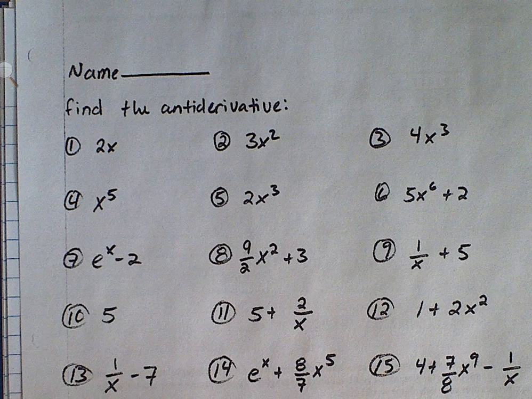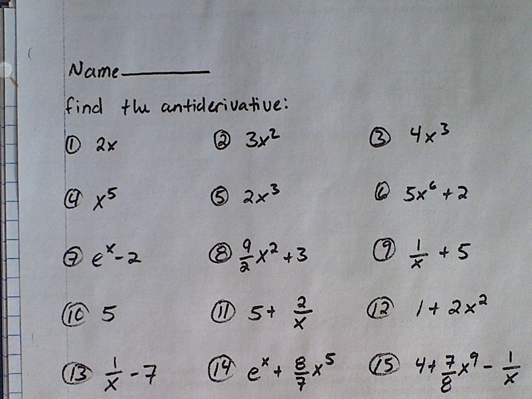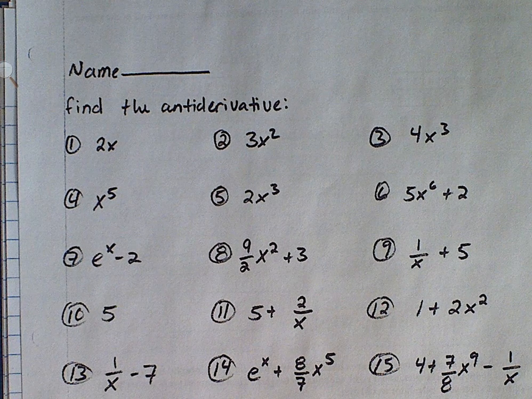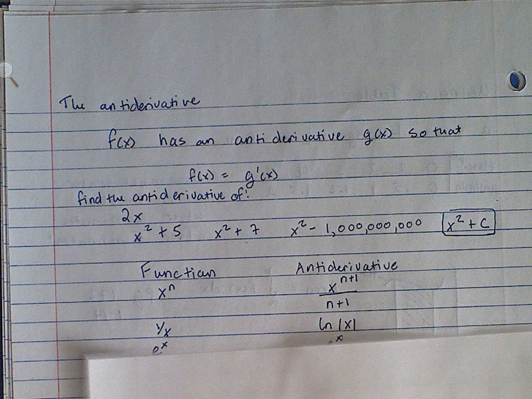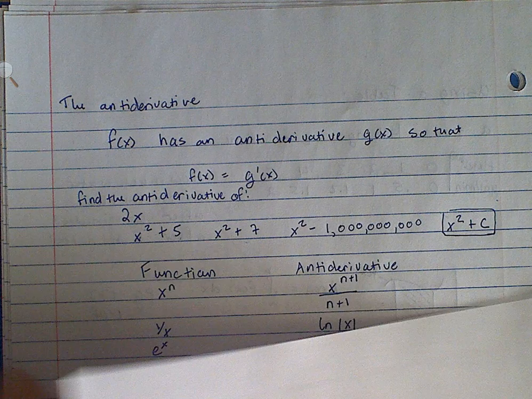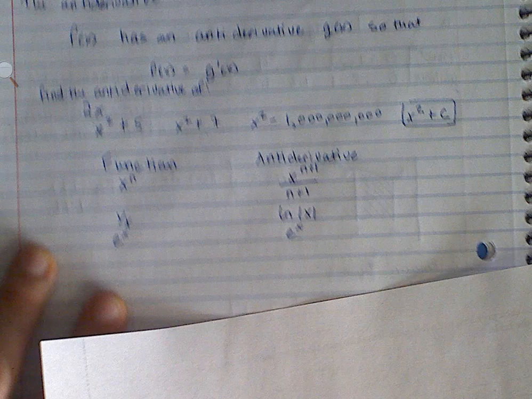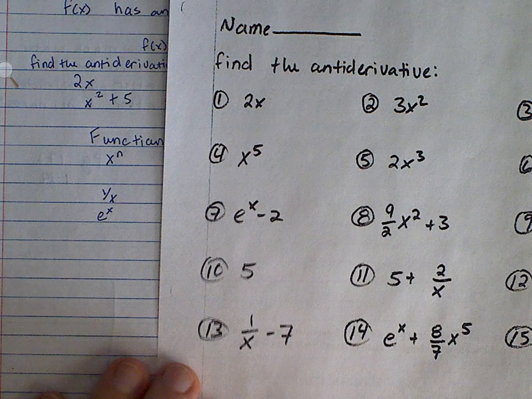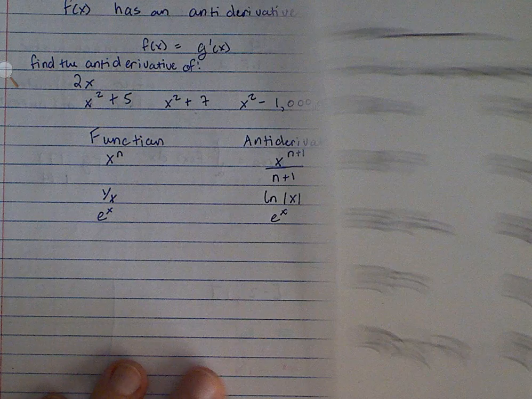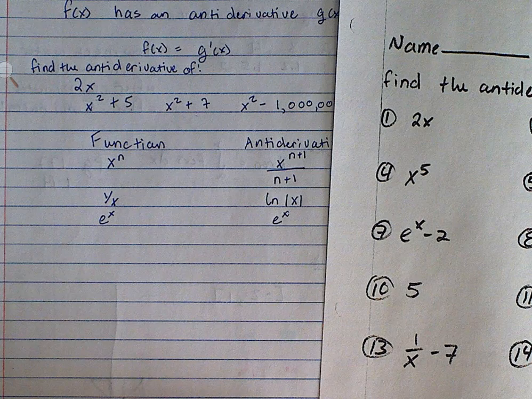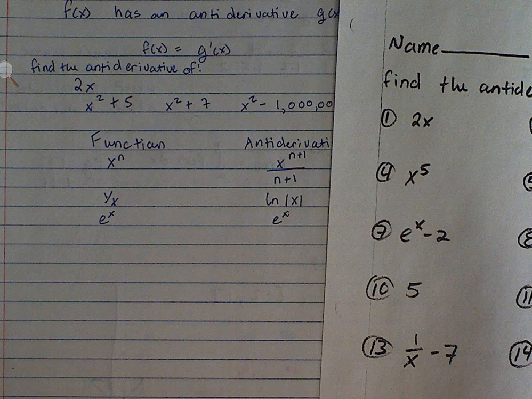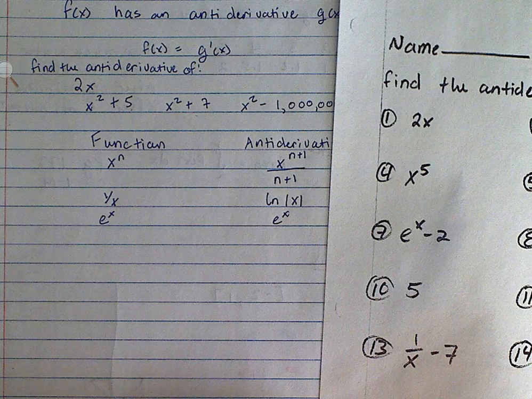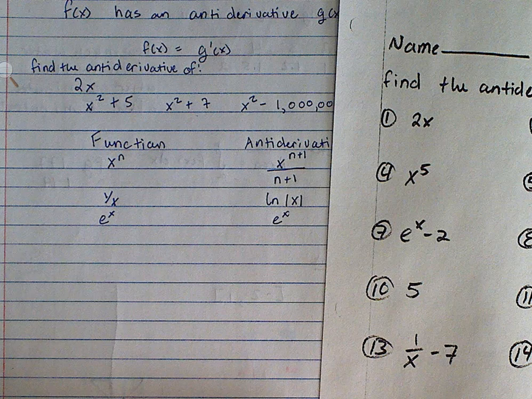So you have to do the antiderivative of x to the 5th. So we're going to use that power rule I gave you guys. So the function, in this case, you're using 5 where n goes. So it's x to the 5th, so 5 goes where n goes, and then you're doing the antiderivative of that. So it's going to be x to the n plus 1, and so n plus 1 in this case would be 6, over 6.